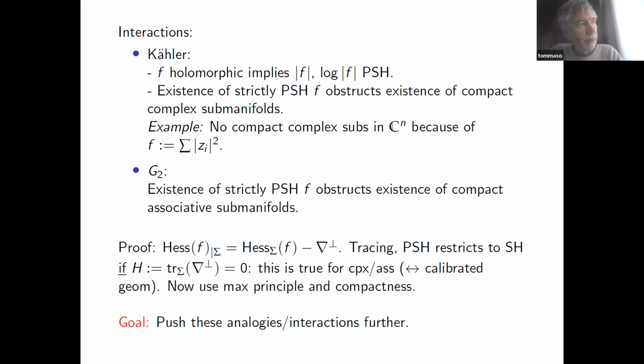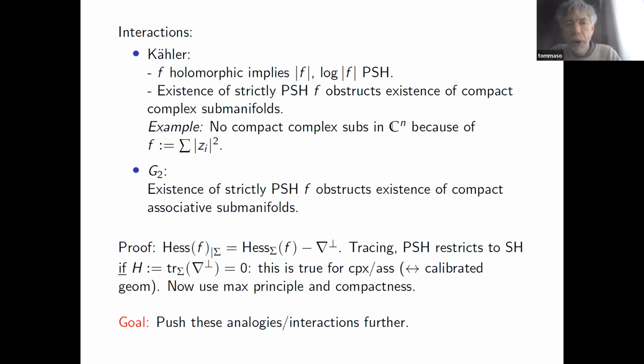But these plurisubharmonic functions also interact with submanifolds, and in particular, they offer some obstructions to the existence of submanifolds. So if you have special types of plurisubharmonic functions in a certain region of your manifold, then you know that in that region, there cannot exist certain types of submanifolds.